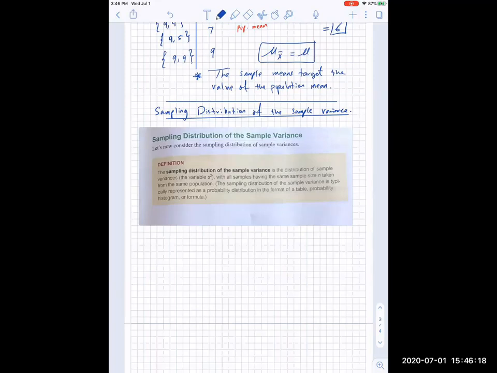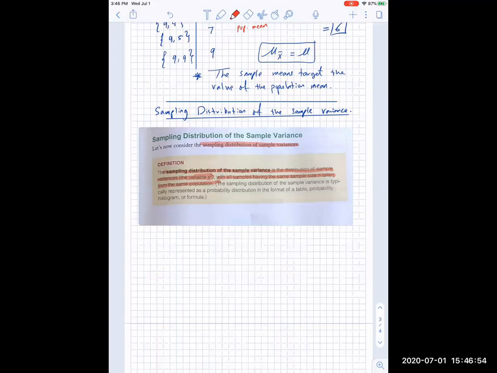So now we're going to consider the sampling distribution of the sample variances. The sampling distribution of the sample variance is the distribution of sample variances, the distribution of S squared, with all samples having the same size taken from the same population.